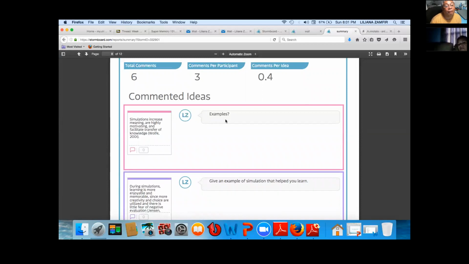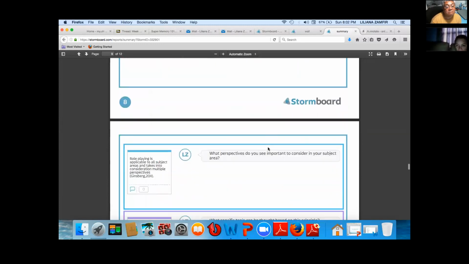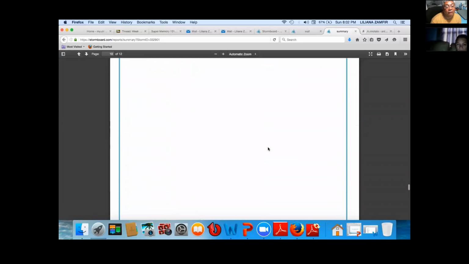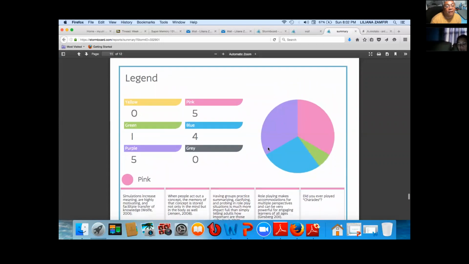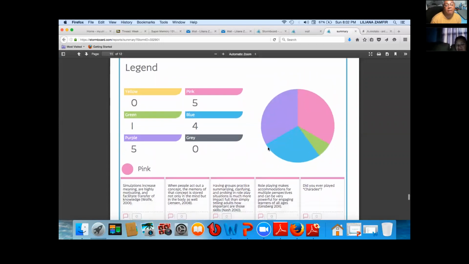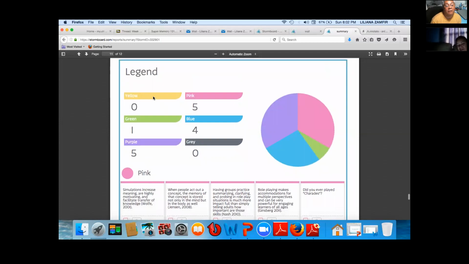My question is for examples, and as you reply, I will see your examples here. So I think it's a great tool for any teacher. And finally, we have a pie chart about who answered, and if individually we pick a color, we can also see that way.